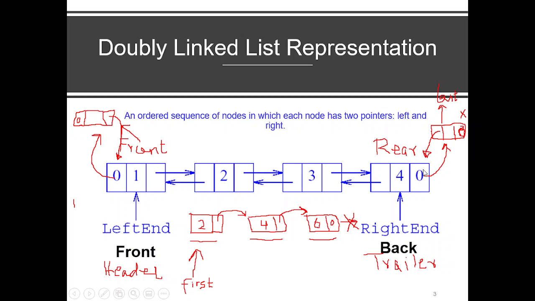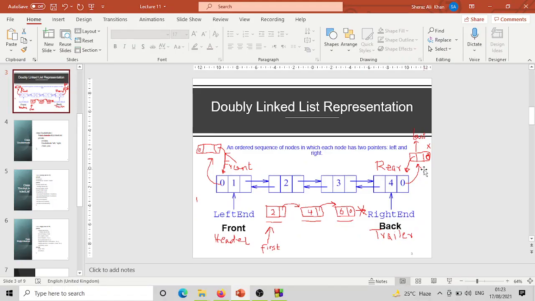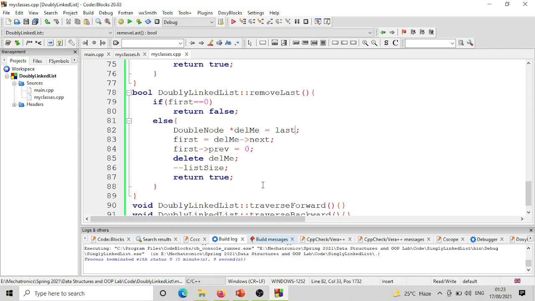ठीक है. अच्छा जी. So let's do that. So this is the node that we are going to delete. It is the current last node. So once we delete it, last node को जब हम delete कर लेंगे तो उसका जो previous node होगा that would become the new last node. ठीक है. So once we delete this node, so we'll have a new last node.